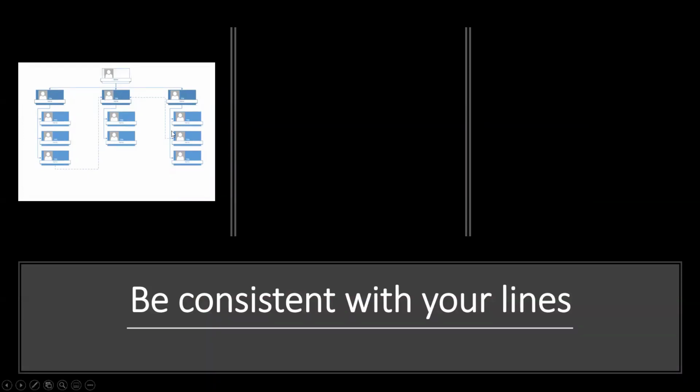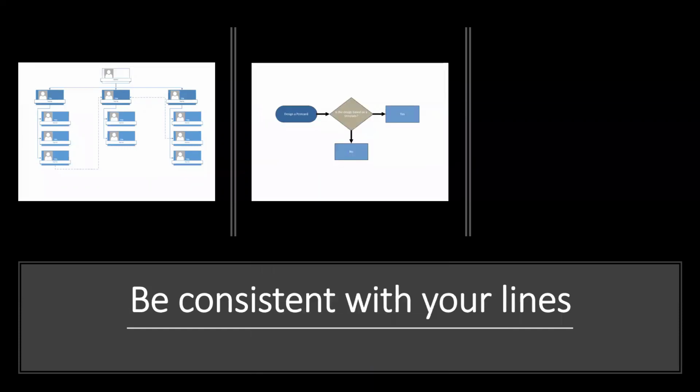An example here on the left is an org chart, and there's a dashed line, and what this dashed line means is an indirect report. So this person indirectly reports to this manager. If I'm going to use the dashed line somewhere else, it should mean exactly the same thing, an indirect report.